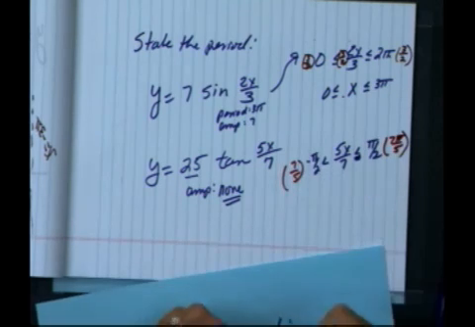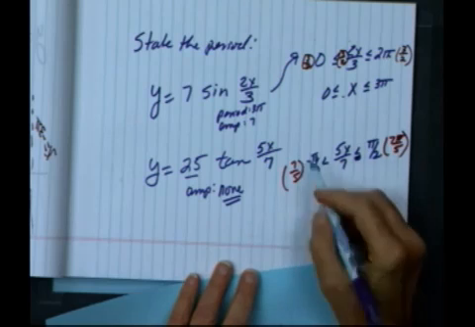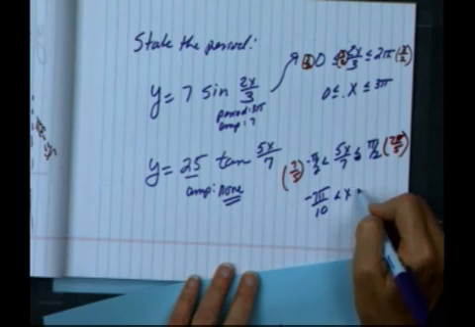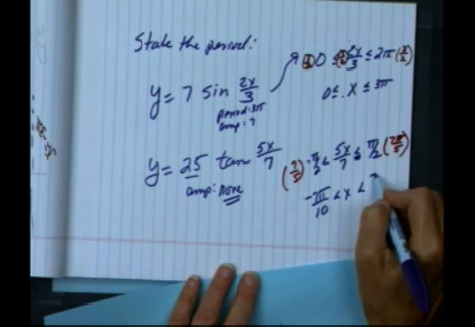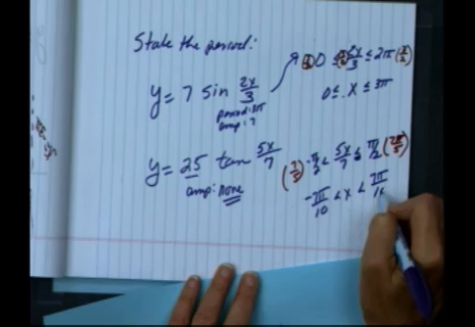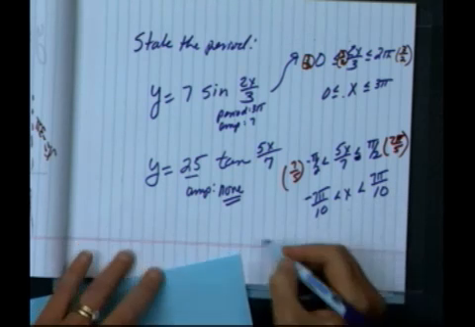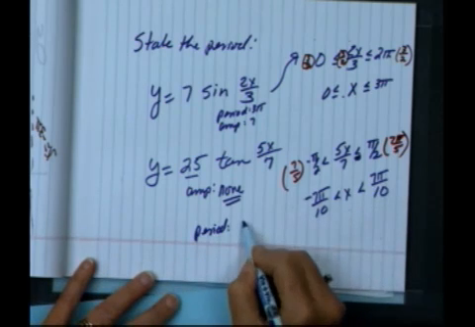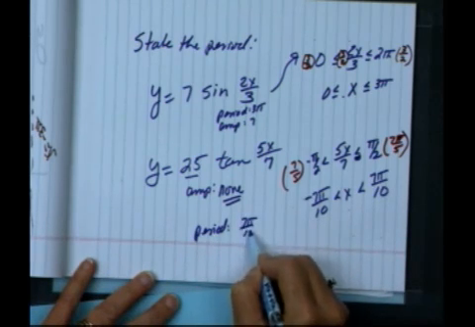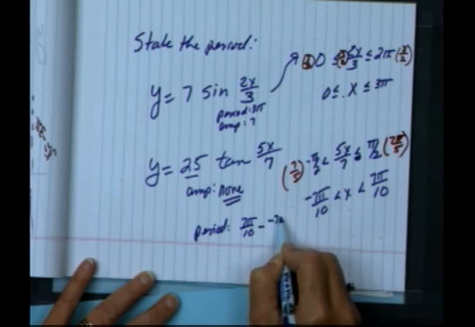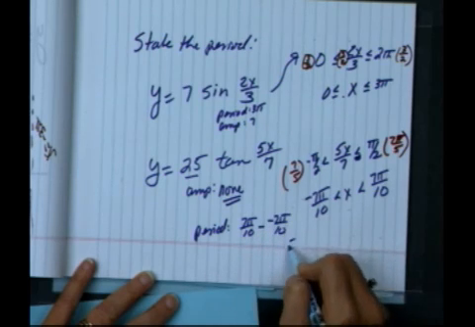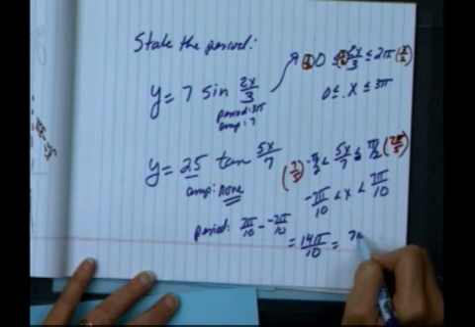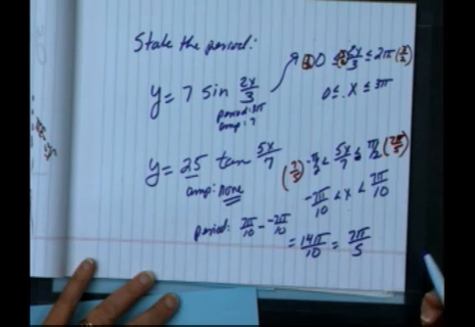7/5. All right, so that looks like that's going to be negative 7 pi over 10 is less than x less than 7 pi over 10. So what is my period? 14 pi over 10. 7 pi over 10 minus a negative 7 pi over 10 is 14 pi over 10, which we know reduces to 7 pi over 5.